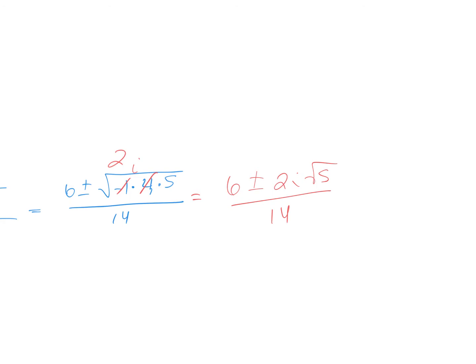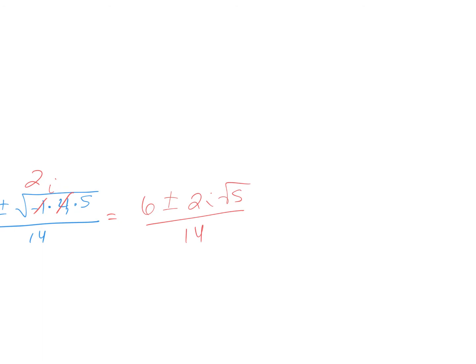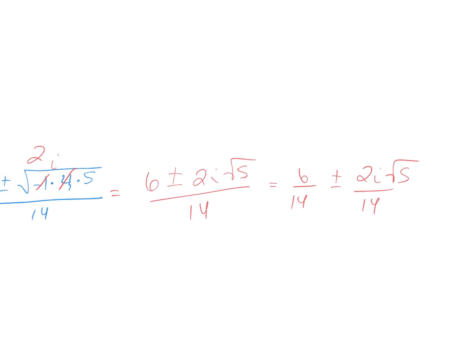I will take this answer one of two ways. You can either split it up and simplify. I think that's the best way to do it, so you make sure you simplify both fractions. But what goes into both 6 and 14? 2, right? So this becomes 3 over 7, plus or minus, what goes into 2i root 5 and 14? 2.